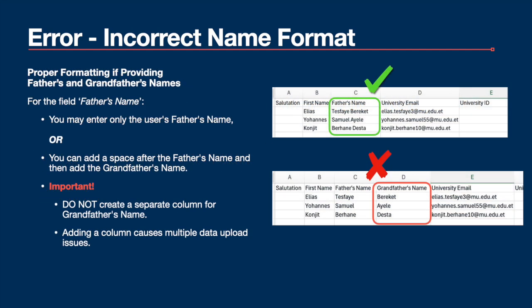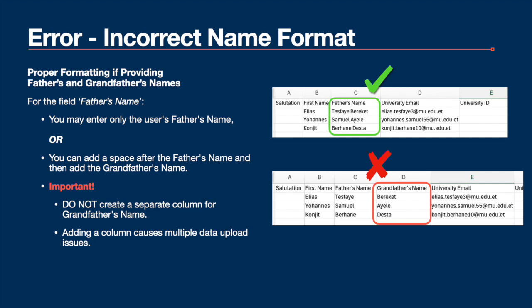The other item we want to mention is proper formatting if providing father's name and grandfather's names. This is not going to create a flag for an error, but it will cause a number of data upload issues. If you have a record that also includes the grandfather's name, the only way to do it would be to include it after the father's name. So you have father's name as the field in the data set, and then a space, and then enter the grandfather's name.